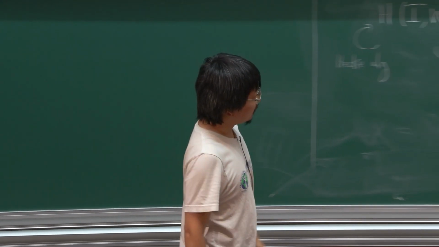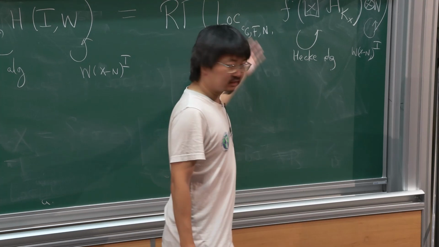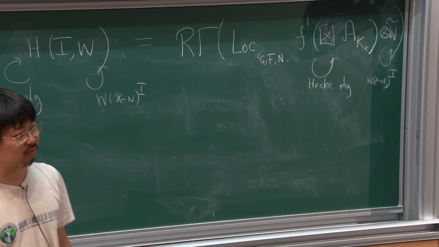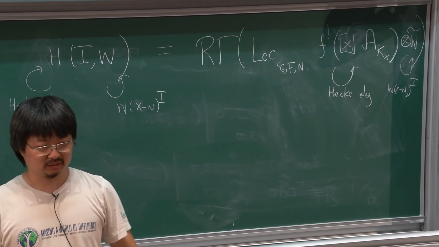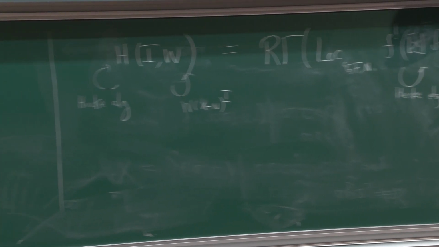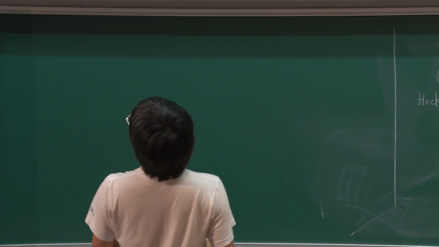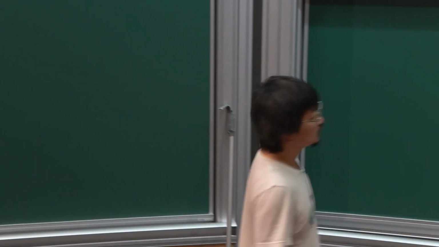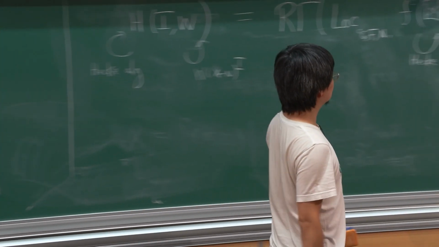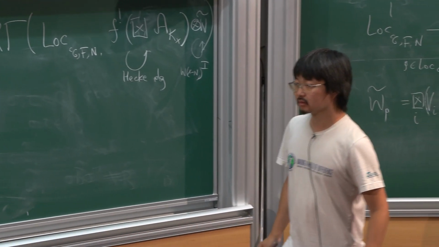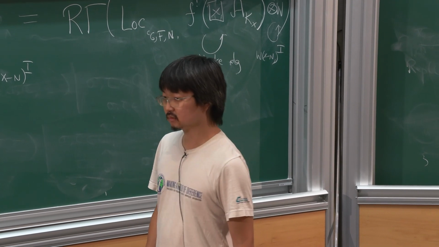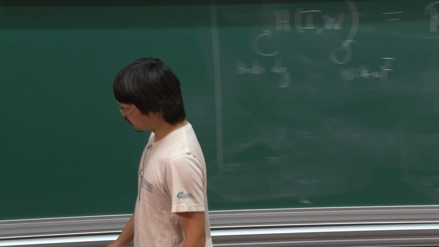Okay, so this looks a little bit abstract at the beginning. Let me give you a concrete example of what happens in a concrete situation. Just in case you don't have level structures, so N is empty, then we recover the conjecture that Xinwen described yesterday.